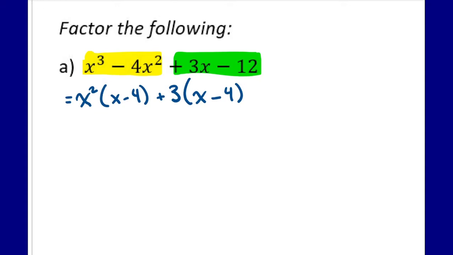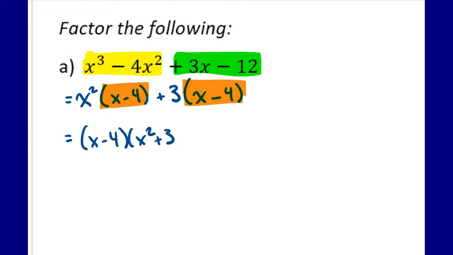We talked a little bit about this in the previous lesson. We see a bracket that's common between both terms, so I can factor that bracket out. I take out x minus 4, and what's remaining once I do that is x squared plus 3.